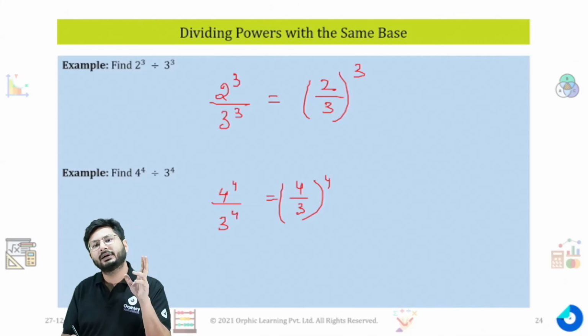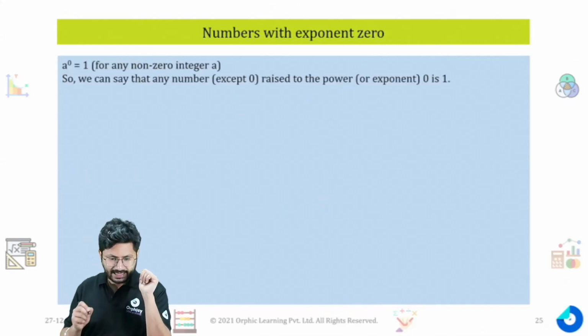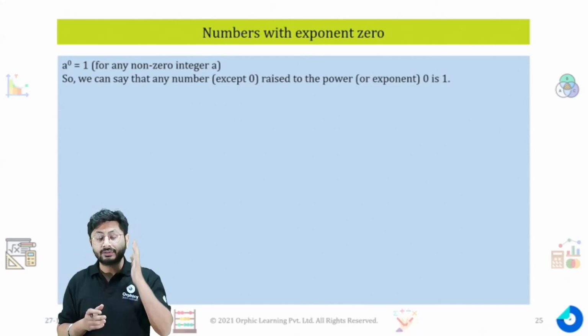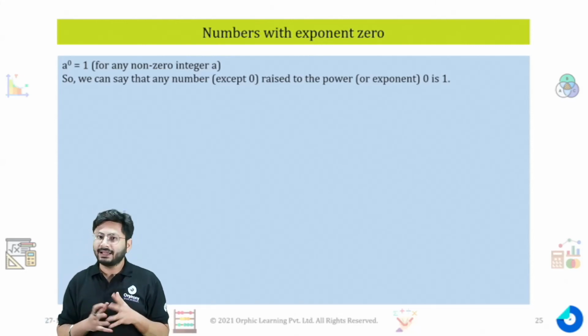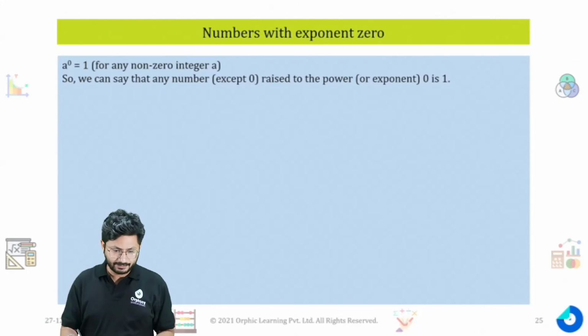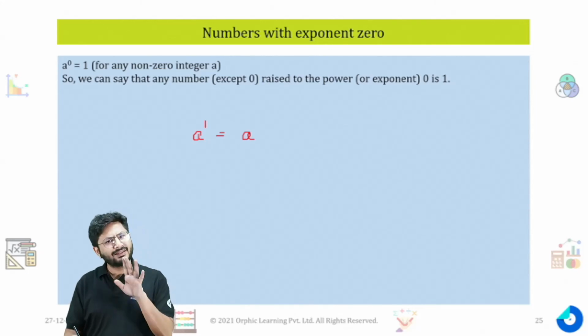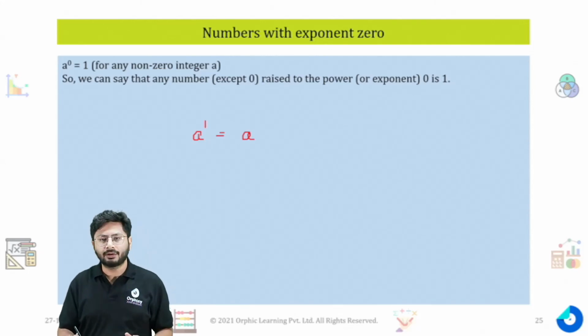Now the next thing, which is numbers with exponent 0. We also have to remember that a to the power 1 is equal to a. 1 is the invisible power that is on everything but we don't see it, right?